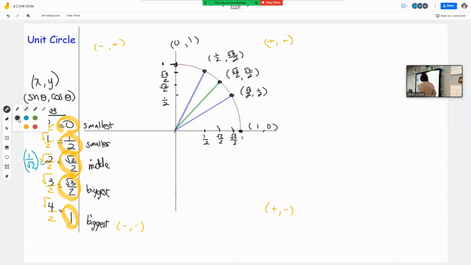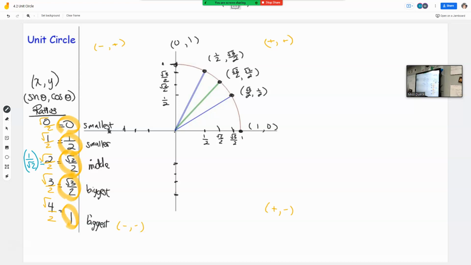Because these coordinates, these distances, these tick marks are exactly the tick marks all the way around. Could you be filling in from your picture? Yes.